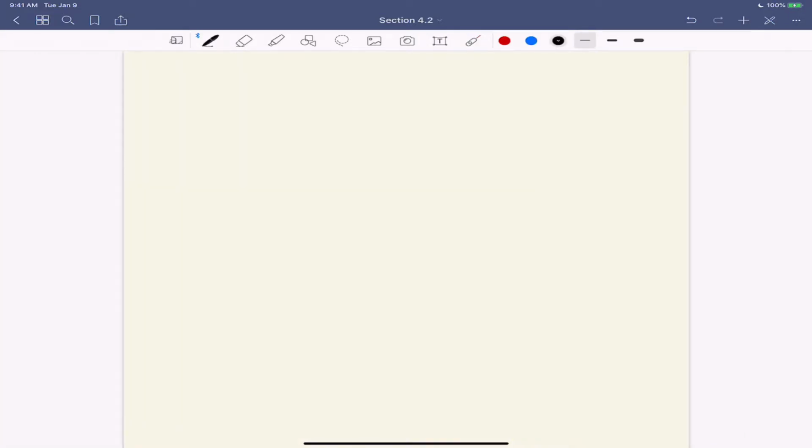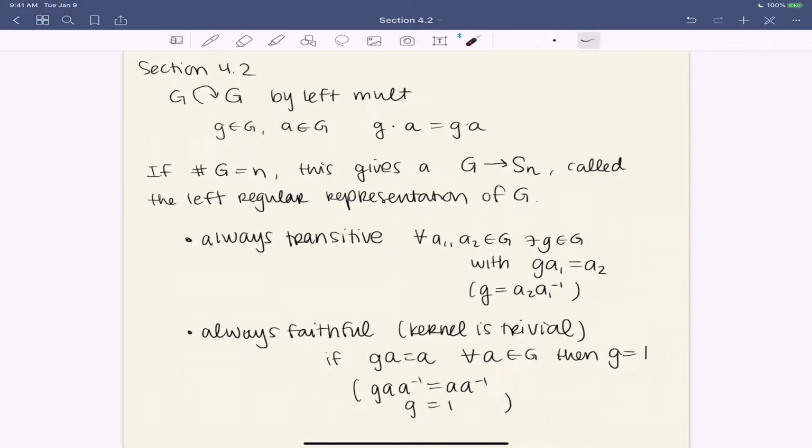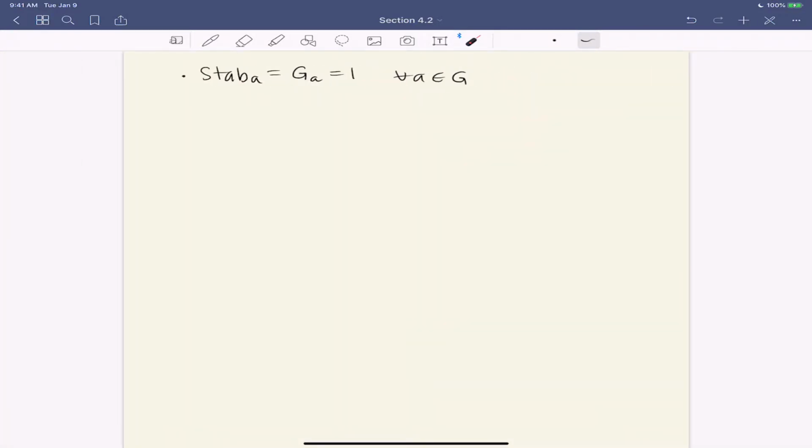So actually, if you consider only one of them, this means that the stabilizer of a, which is also denoted G sub a, is 1 for all a in G. If ga is equal to a, g has to be 1, even if it's just one a. So if you fix one element of G, what can g be? It has to be the identity.